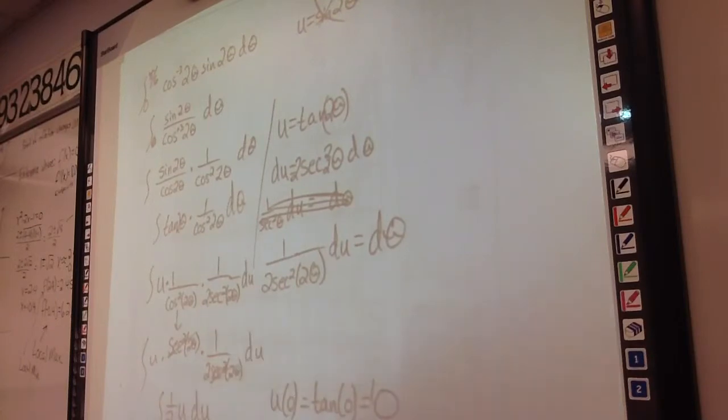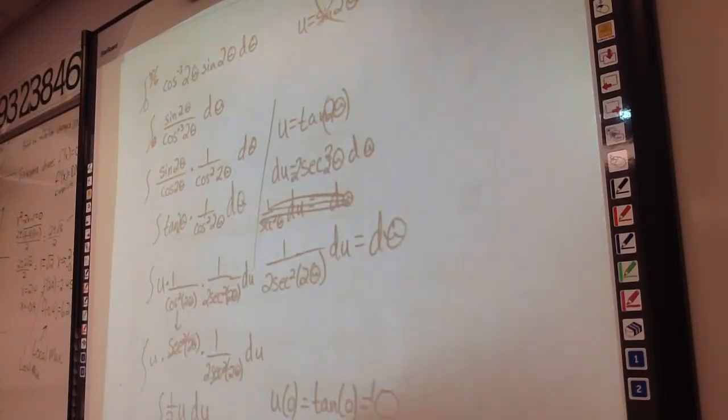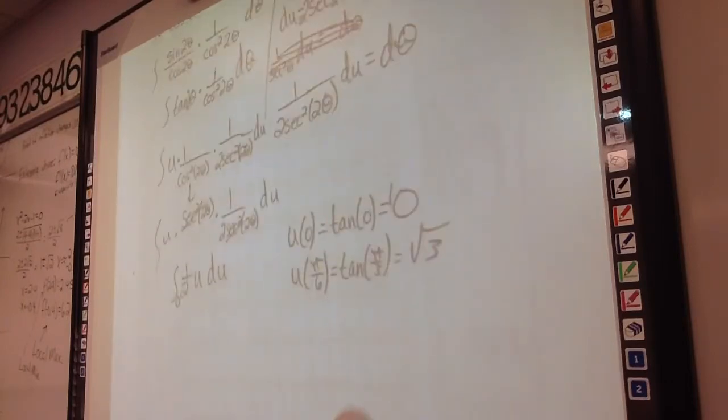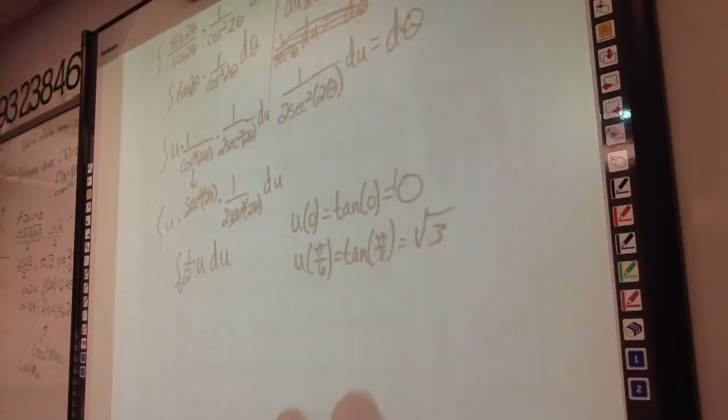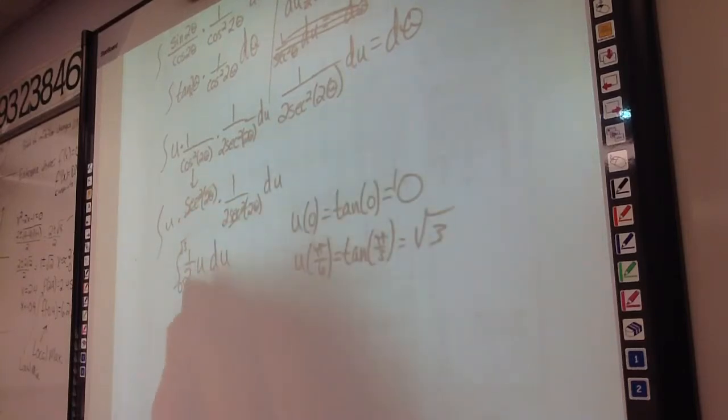So we're going from 0 to u of pi over 6. It's the tangent of 2 times pi over 6, so the tangent of pi over 3, that's the square root of 3. So we're going from 0 to square root of 3, and now it's easy.